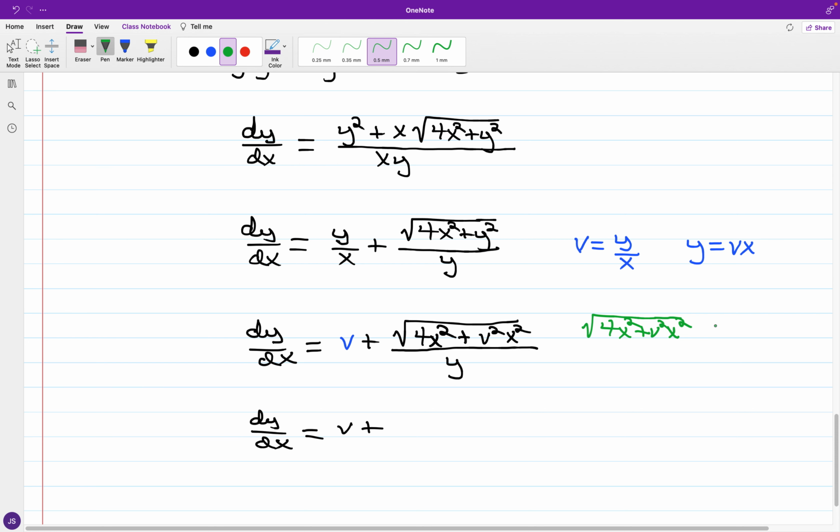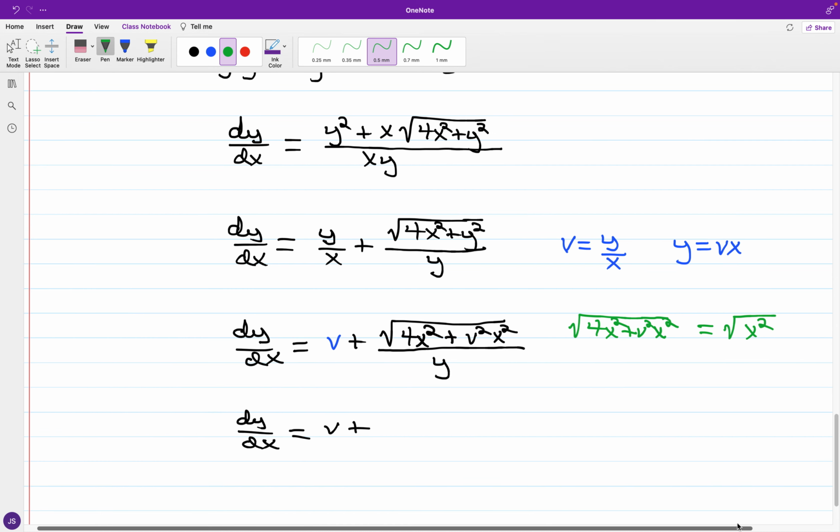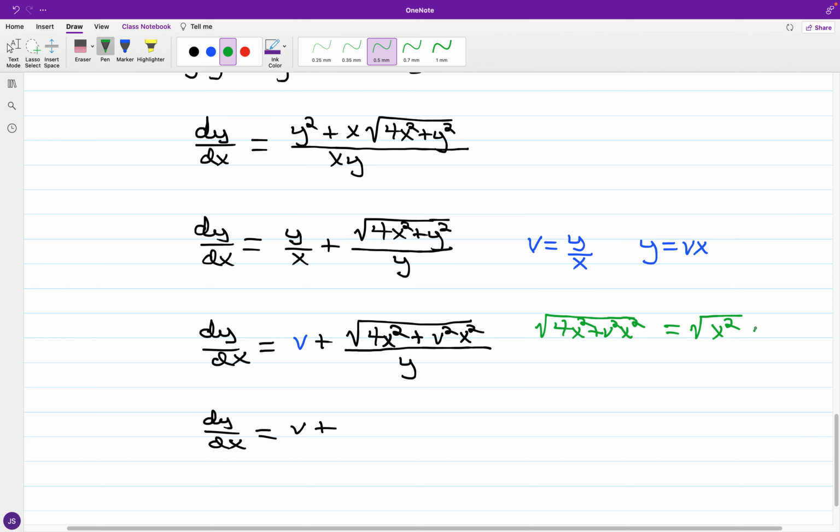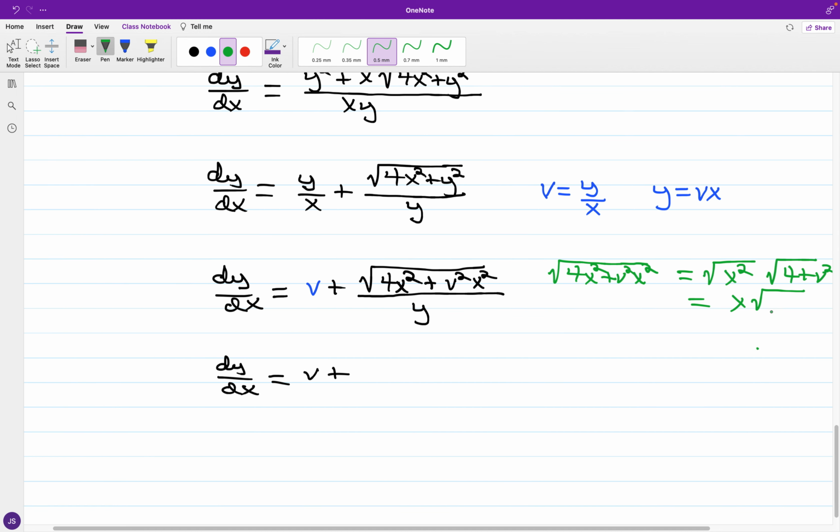And if I factor out x squared from the radical, I have the square root of x squared times the quantity of 4 plus v squared. And that is going to be x times the square root of 4 plus v squared.